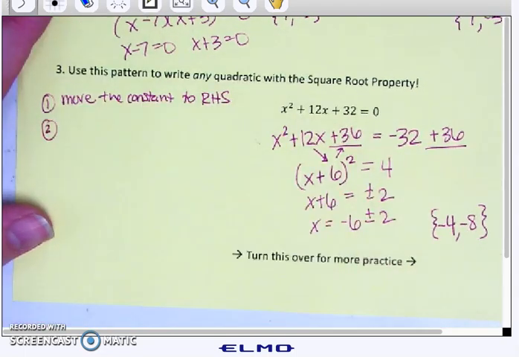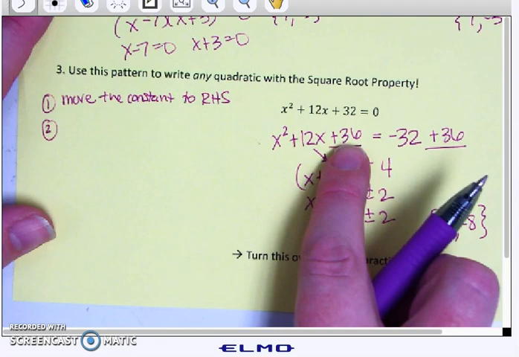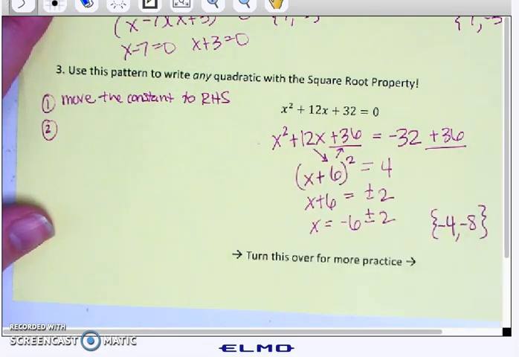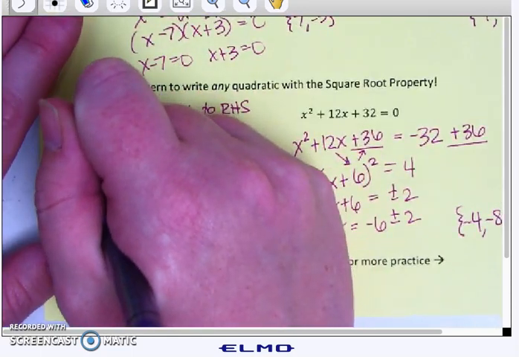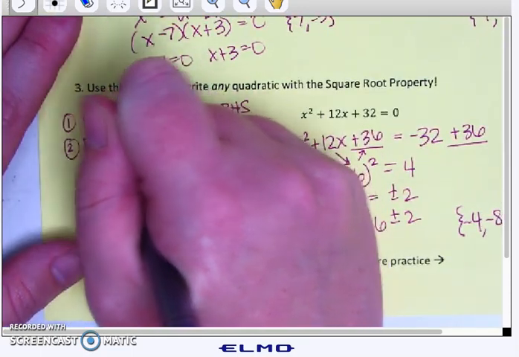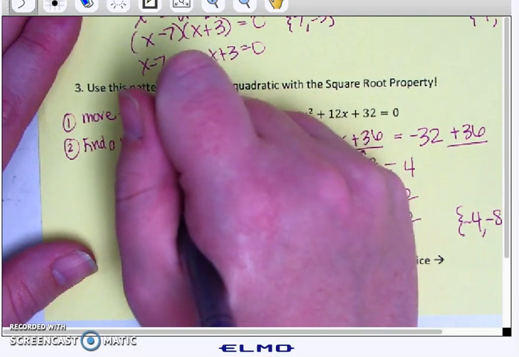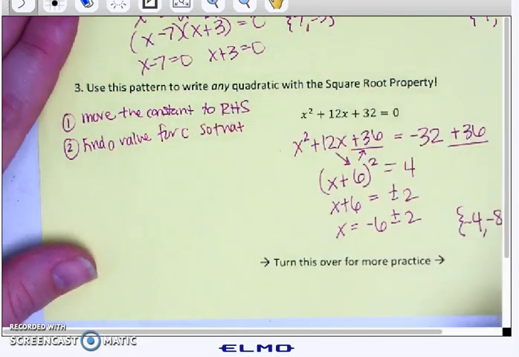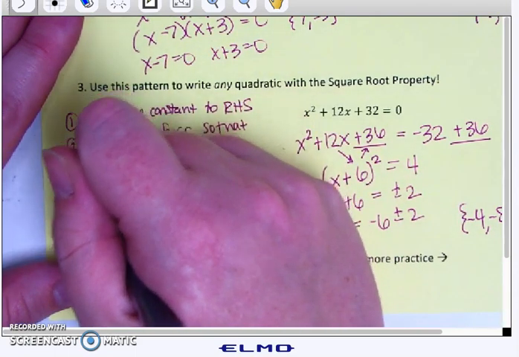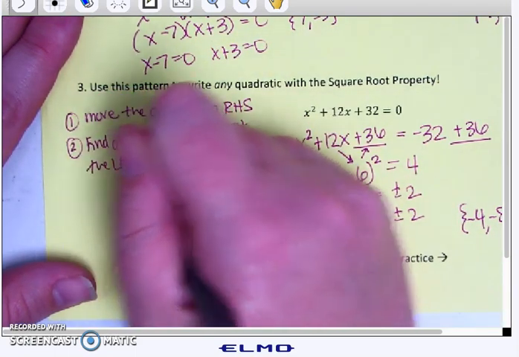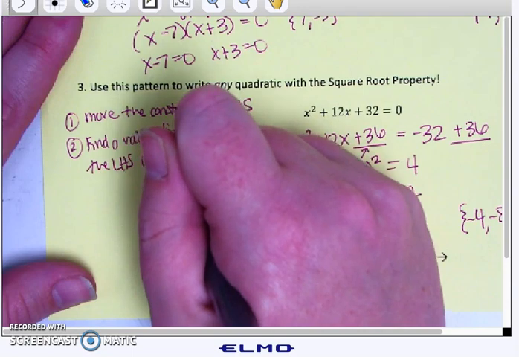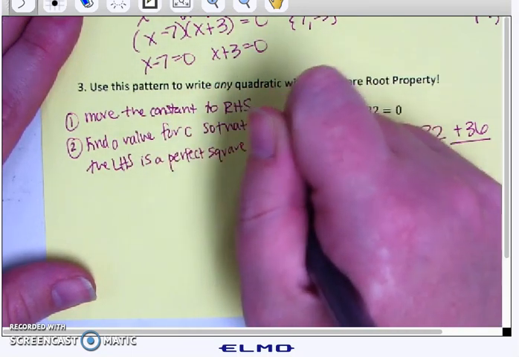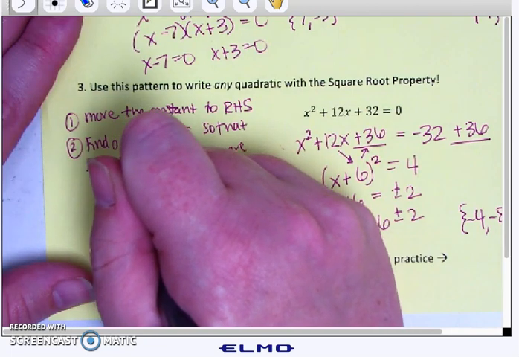Step 2 is to find a value for c so that the left-hand side is a perfect square trinomial.